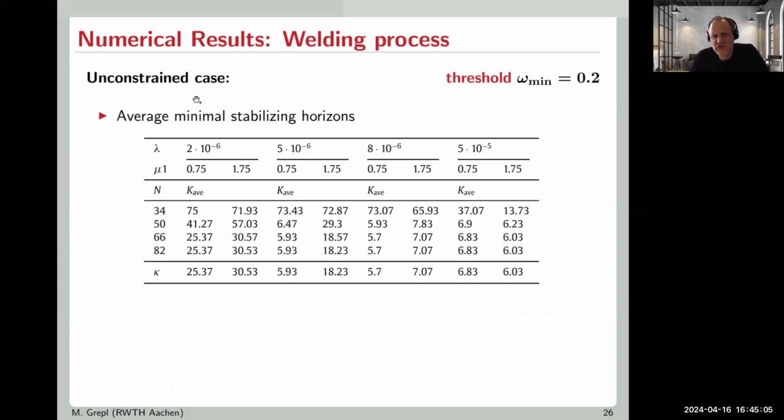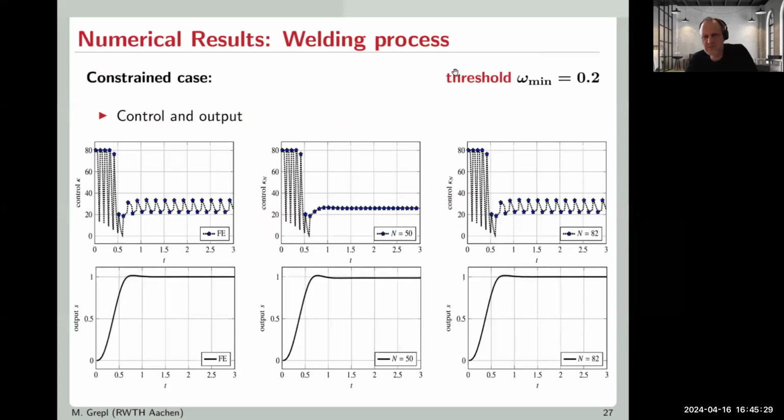If you look at the average minimal stabilizing horizons, you see that they are slightly larger now, of course, because we want our feedback law to be closer to the optimal. Since our omega increases as k increases, we require a slightly larger minimal stabilizing horizon to obtain this threshold on omega.